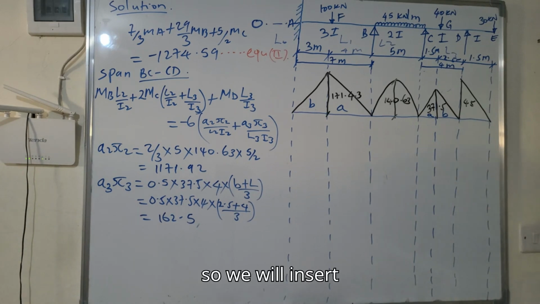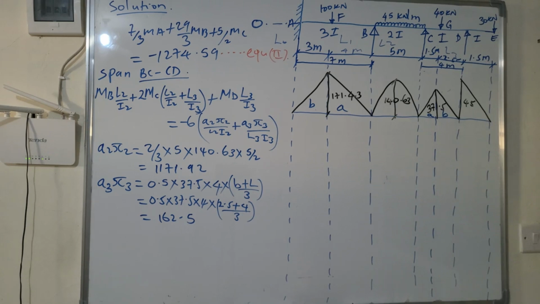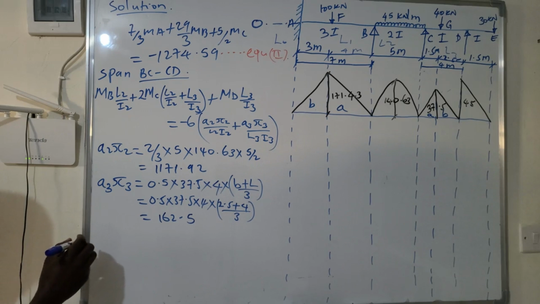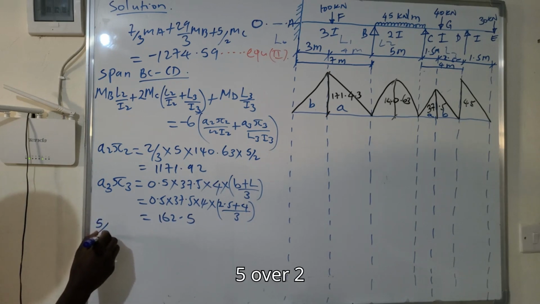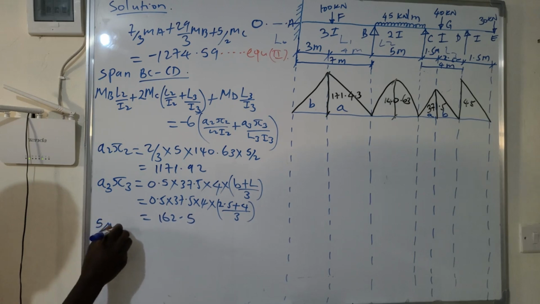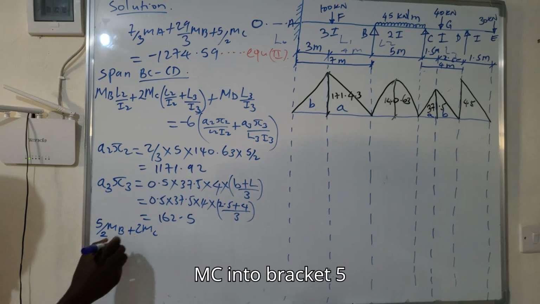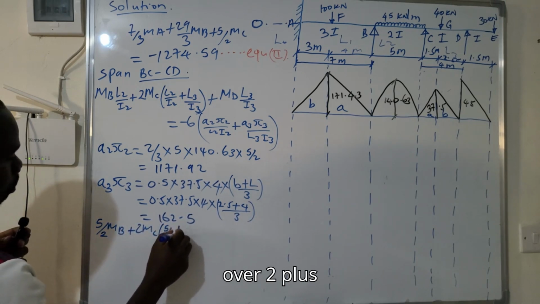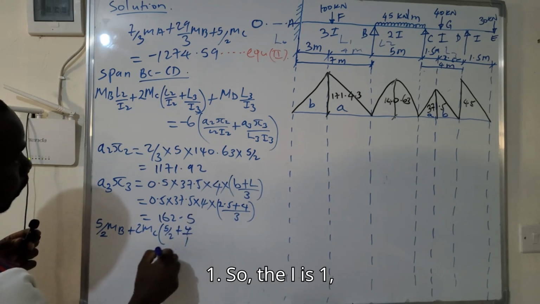Then after doing so, we will insert known values into our formula. So we have L2 I2, which is 5 over 2 MB plus 2 MC into bracket 5 over 2 plus L3 is 4 over 1.